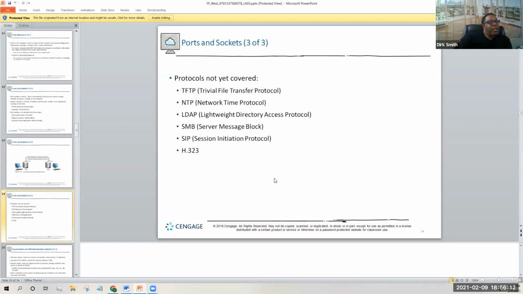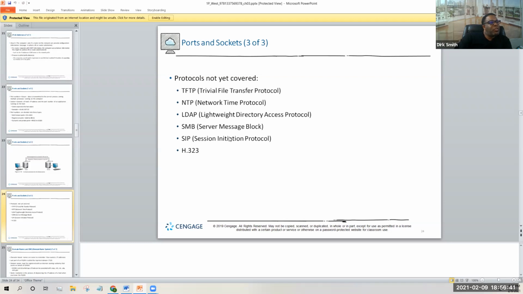Typical ports not yet covered. I think the book goes into this a little further. Lightweight Directory Access Protocol, Server Message Block, and TFTP. I have used Trivial File Transfer Protocol in my career.